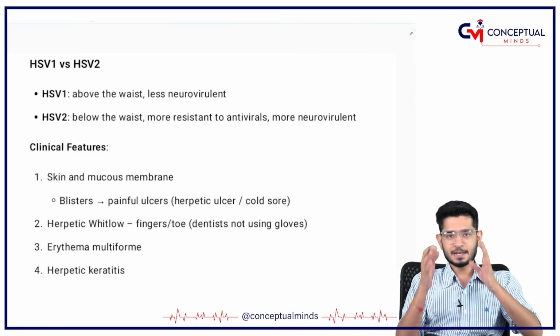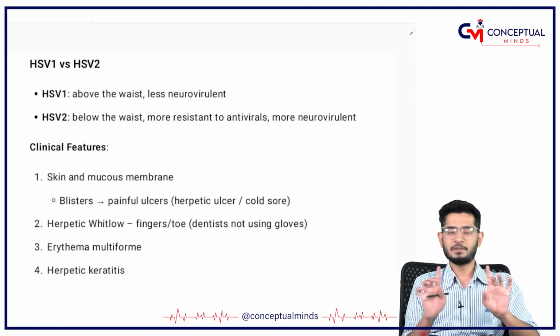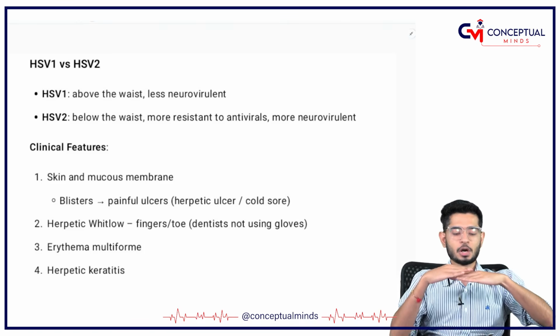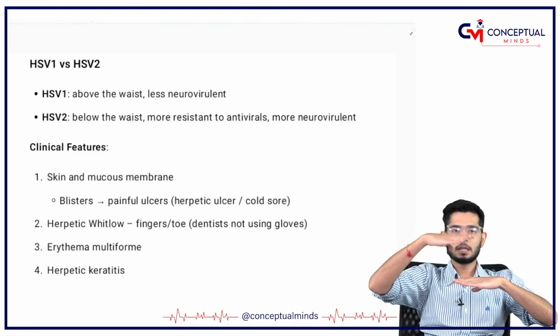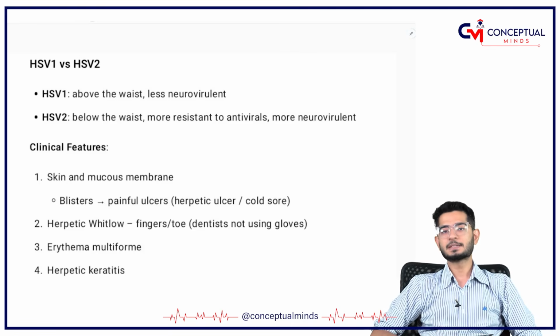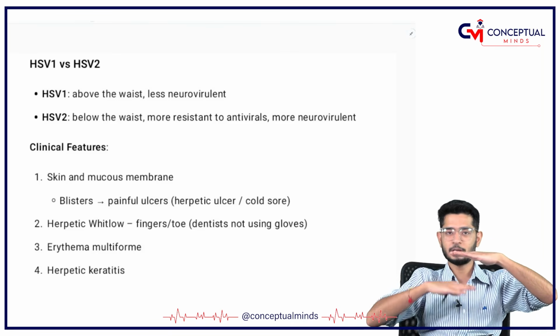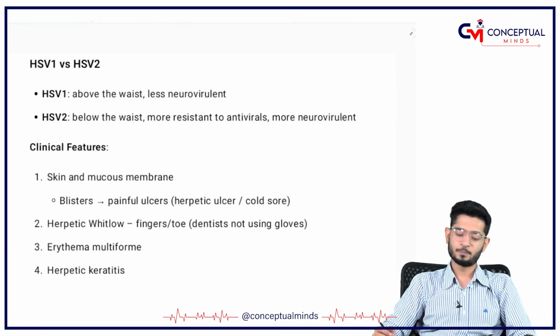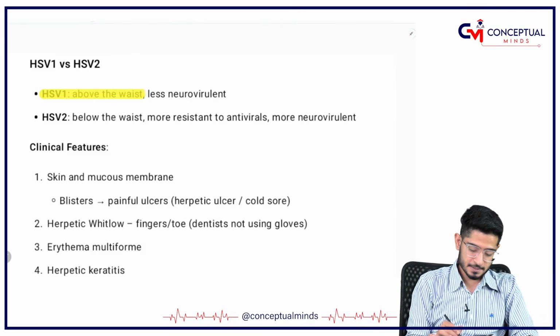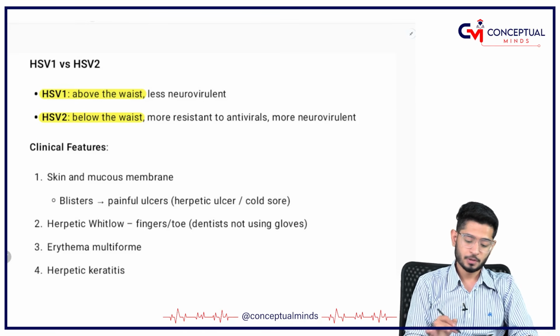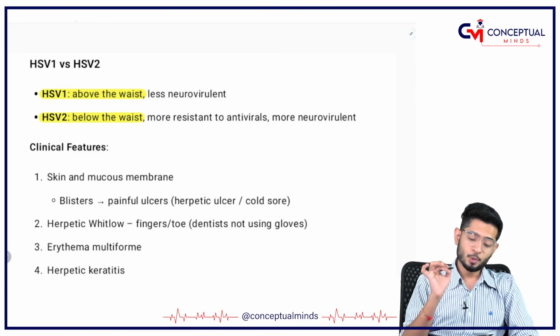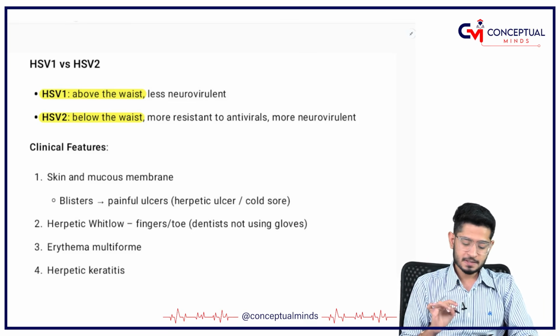For example, you are standing and you have your pelvic area, waist area. Above the waist, the infection will be caused by herpes simplex 1, and below the waist, the infection will be caused by herpes simplex 2. Now tell me which one is the big number? 2 is the big number.